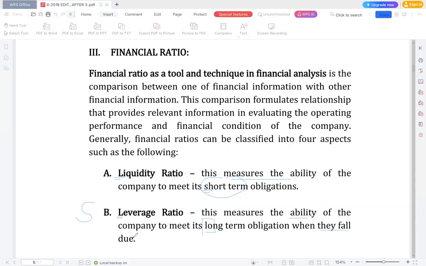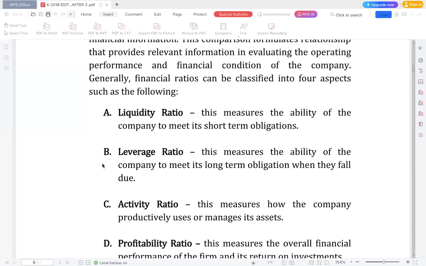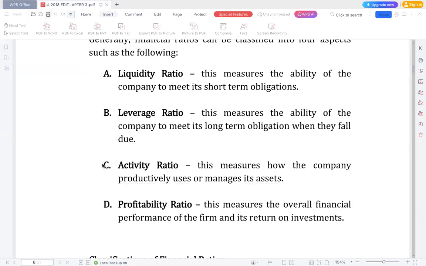So for non-current obligation, we have to check on the leverage ratio. For currently maturing debt, the ability of the firm to pay its short-term obligation, liquidity ratio. Aside from liquidity and solvency, we also have activity ratio and profitability ratio.